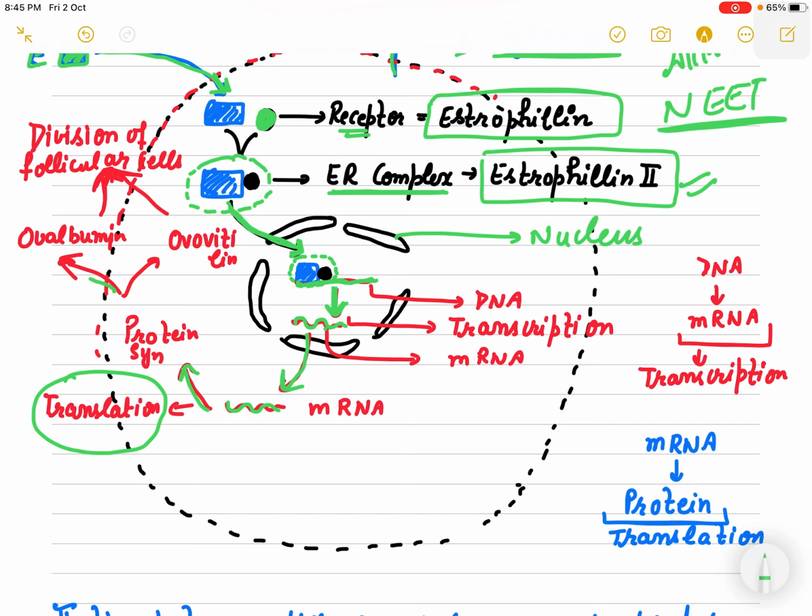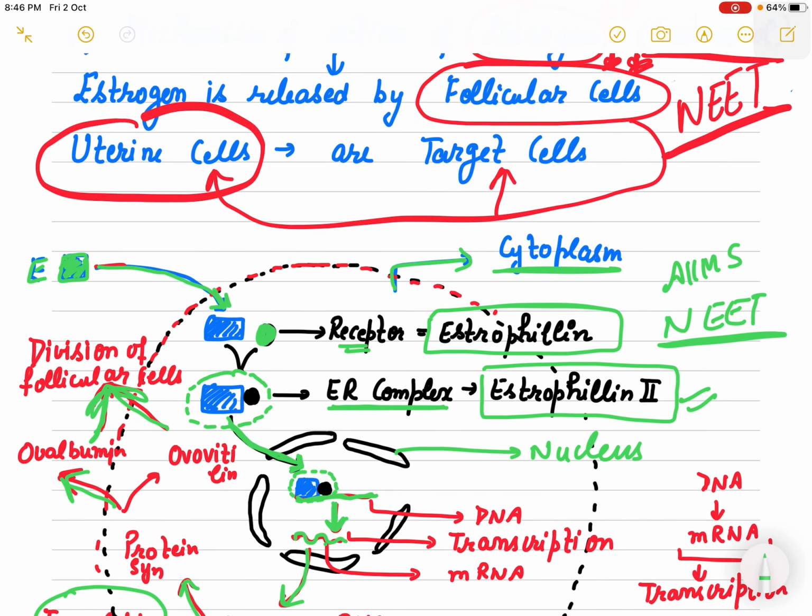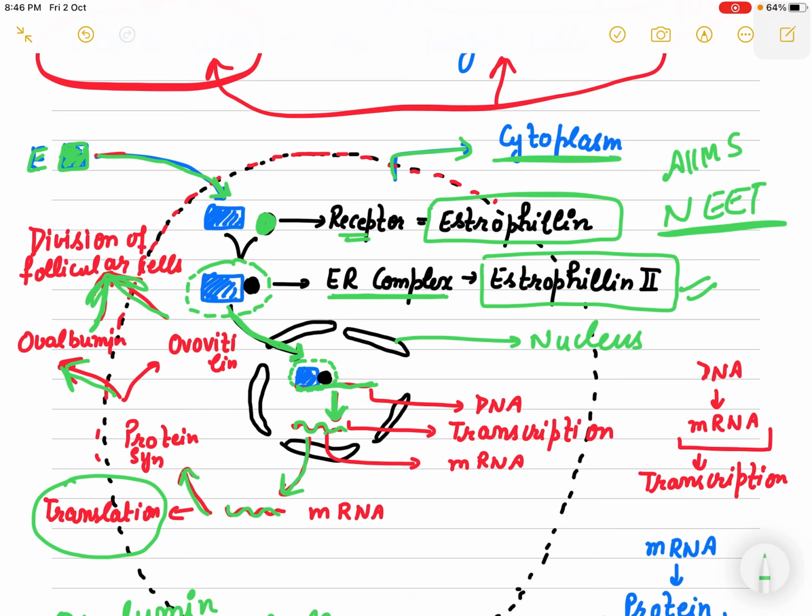It makes two types of proteins, one is ovalbumin, that is ovalbumin, and the second is ovovitilin. I am writing here again, ovalbumin and the second one is ovovitilin, right. These two proteins are formed after translation, and now these proteins will promote the division of follicular cells, right, and follicular cells finally will divide.